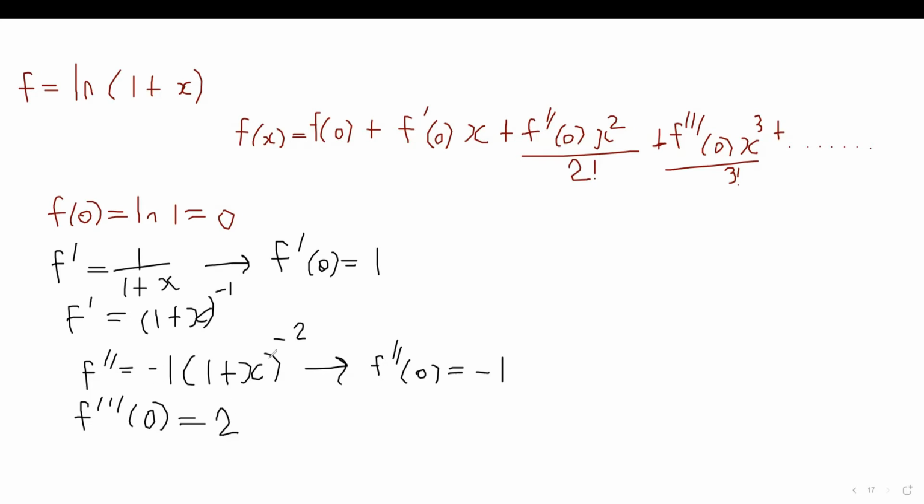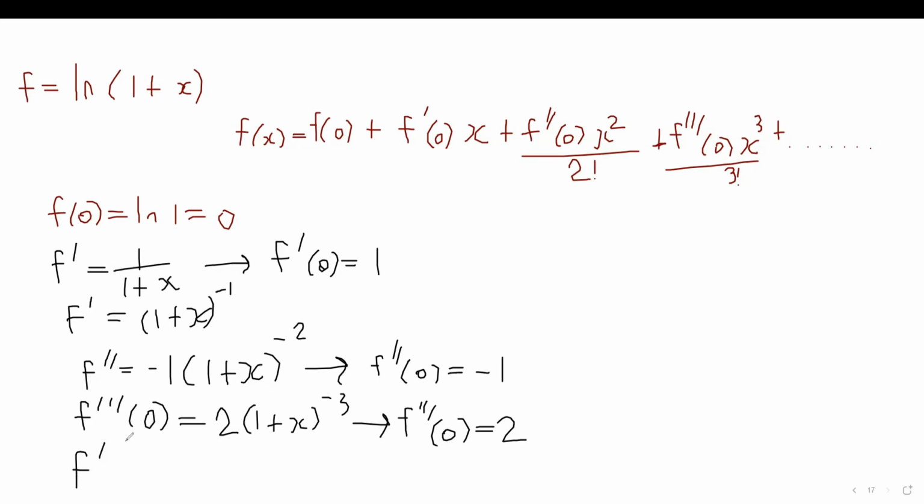We get minus 2 times minus 1 is 2. So that's now (1 + x) to the minus 3. So that means that f triple prime of 0 is positive 2. Now we're going to go again.